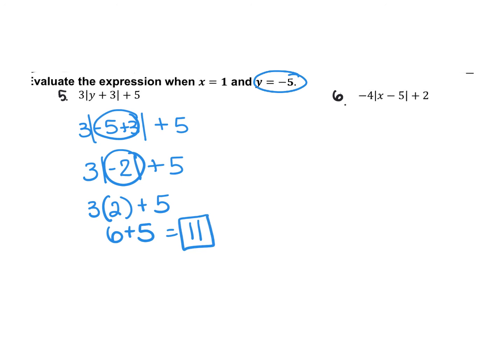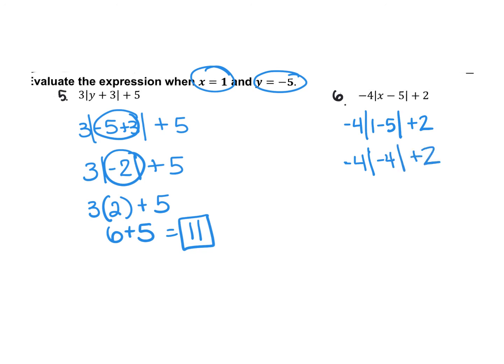All right, now for our last one, we are going to be plugging in an x, and remember the x is equal to 1. So I'll have negative 4 times the absolute value of 1 minus 5, plus 2. All right, so negative 4 times, what's 1 minus 5 is negative 4, plus 2.